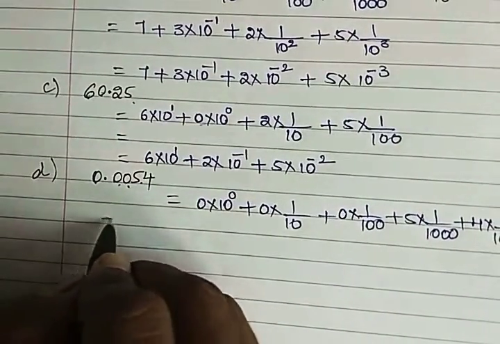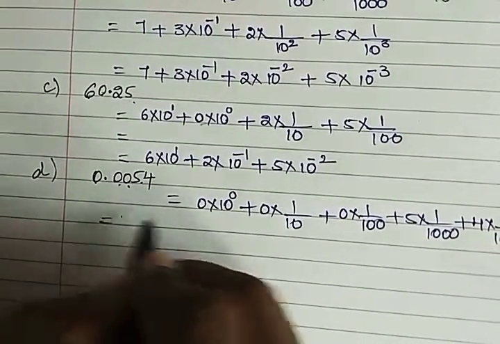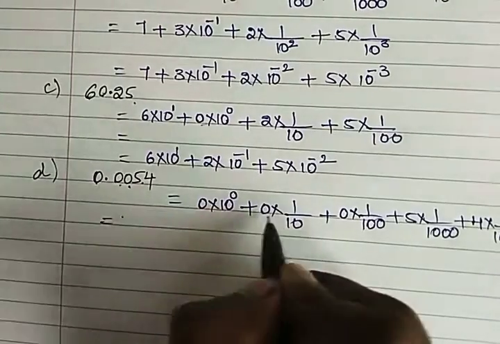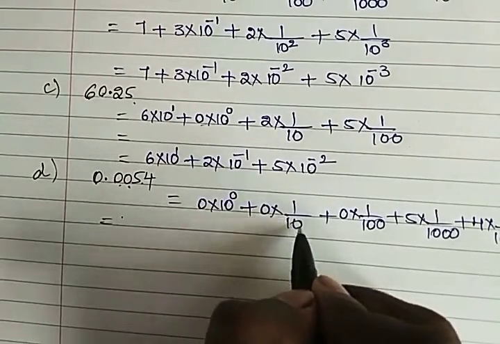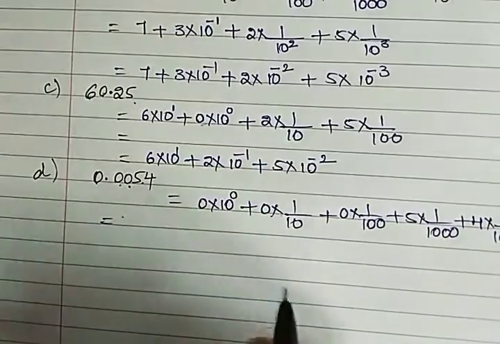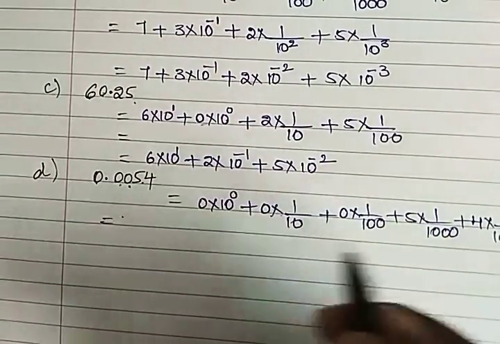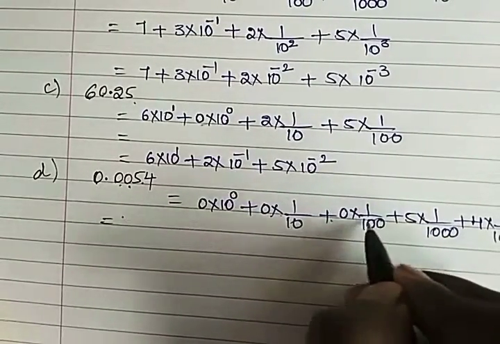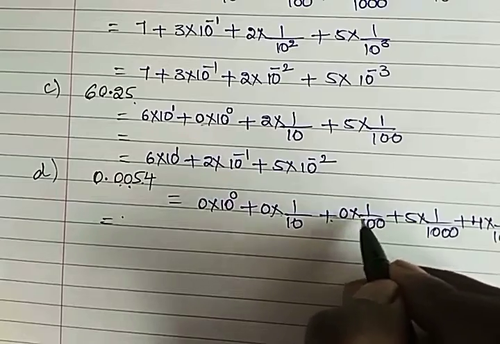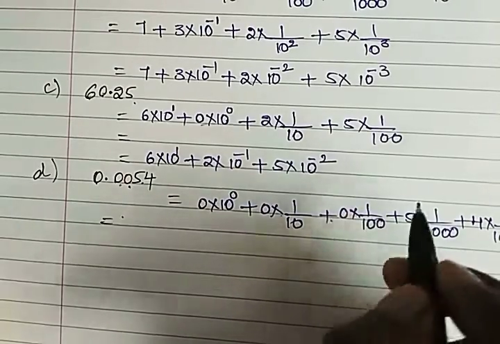Now 0 into anything is 0, so I'm not going to write this 0, and again 0 into 10 power minus 1, that is also 0. 0 into 1 by 100, 0 into 10 power minus 2, that is also 0.